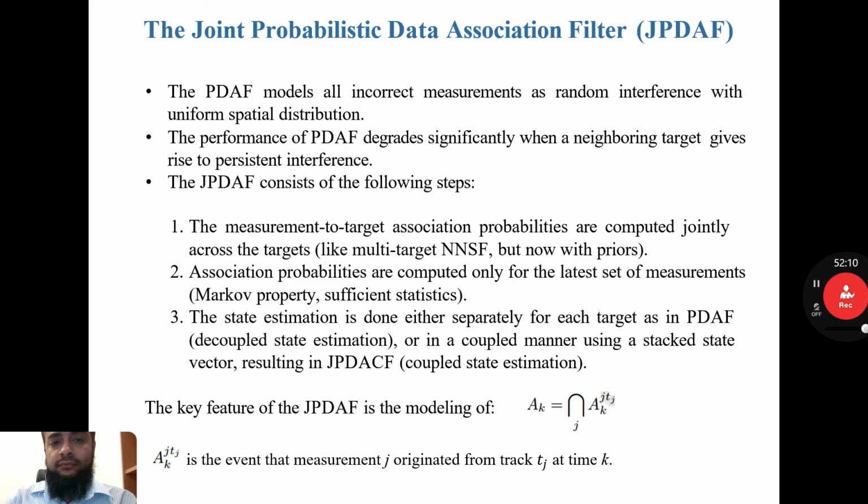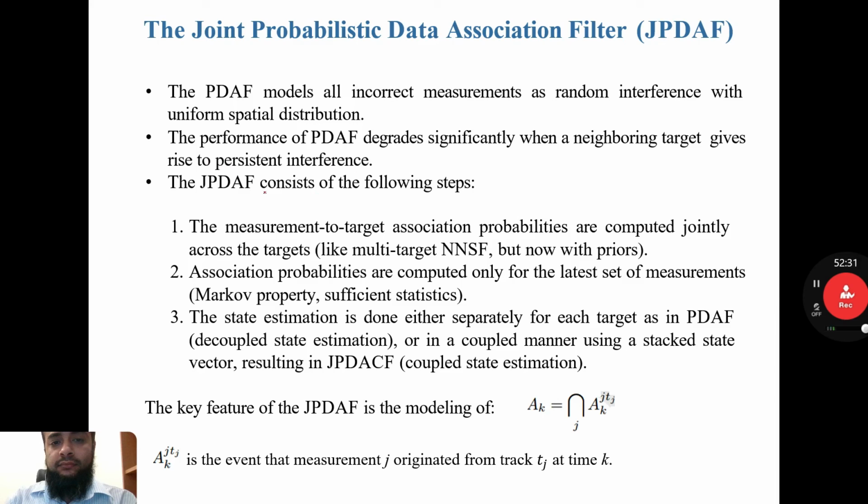The PDA models all incorrect measurements as random interferences with uniform spatial distribution. The performance of PDA degrades significantly when neighboring targets give rise to persistent interferences.